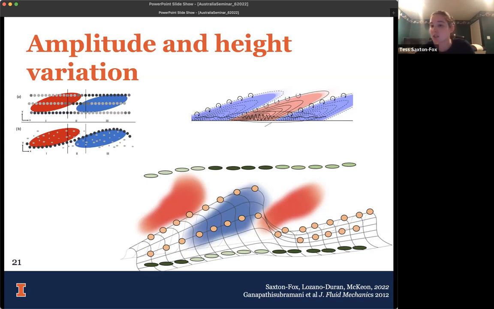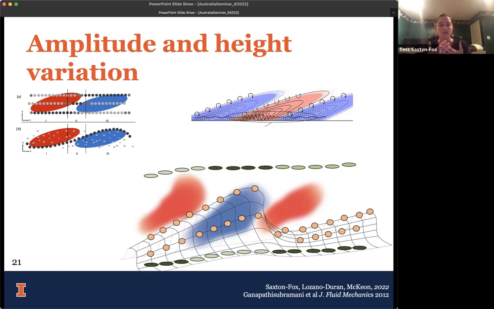I think it's very consistent with ejection and sweep ideas. In the same way that we can picture the large scales moving the small scales around, that's similar to the idea of an ejection or a sweep, right? Kind of washing things out. So I think it's highly consistent with that vision of it.